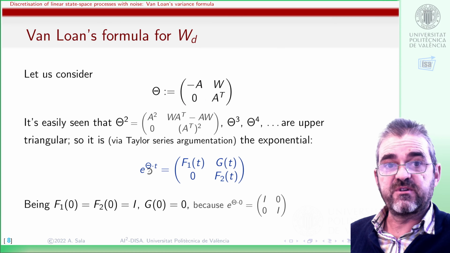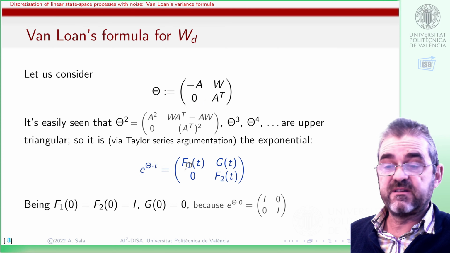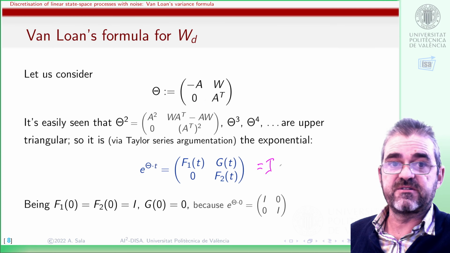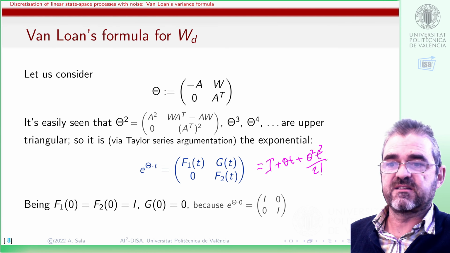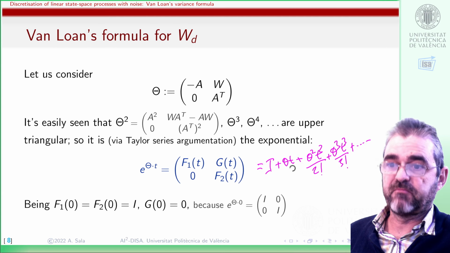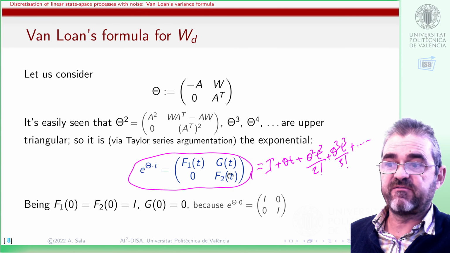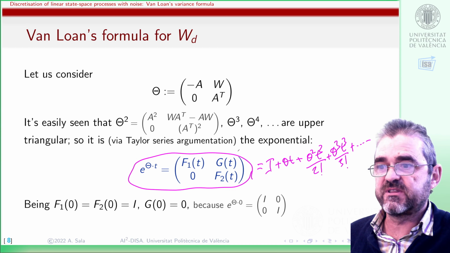Then the matrix exponential of theta t will also be upper triangular, because by the Taylor series identity plus theta t, theta squared t squared over 2 factorial, and further elements, it's a sum of upper triangular matrices. So this matrix exponential will have this form, being f1, f2, and g, some matrices with lots of exponentials or whatever.